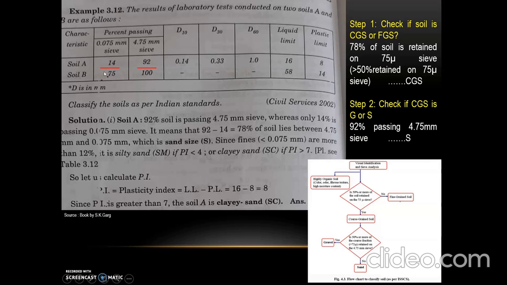So the percentage retained on 0.075 mm sieve is 92 minus 14, because 14% has already passed through 0.075 mm sieve out of 92%. So remaining percentage of soil on 0.075 mm sieve is 78%.